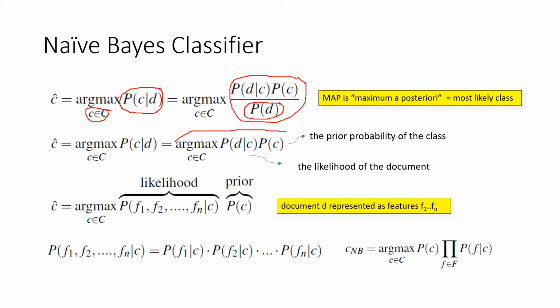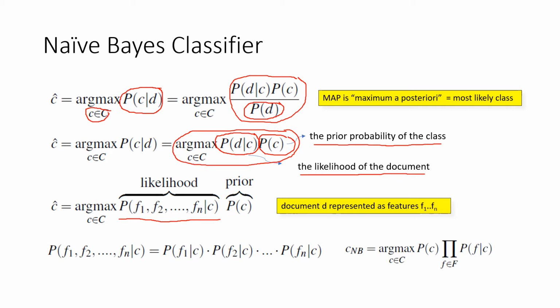So we can rewrite the expression like this, and here we have this term P of D given C, probability of a document given class. We call this term the likelihood of the document. And this second term, P of C, probability of class, we call the prior probability of a class. We can then inspect this probability of D given C. And since we represent a document as a set of features, we can replace it with this expression.